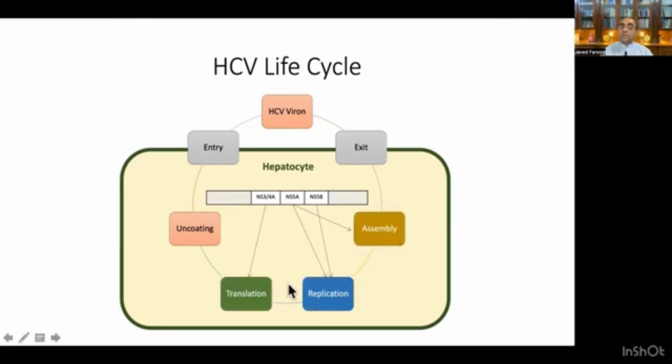So these are the three important steps, and these are the three ways we can inhibit these three processes. This is important when we shall be discussing the different DAAs.